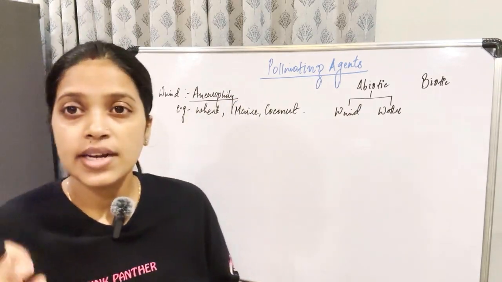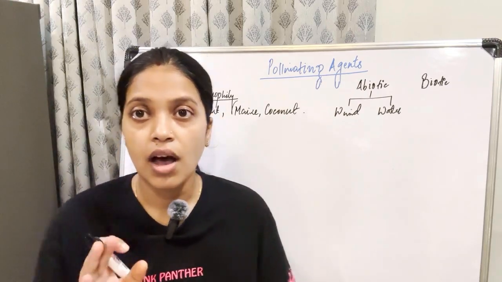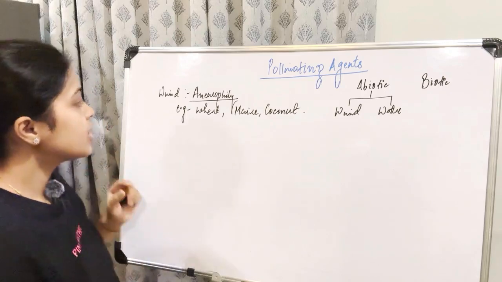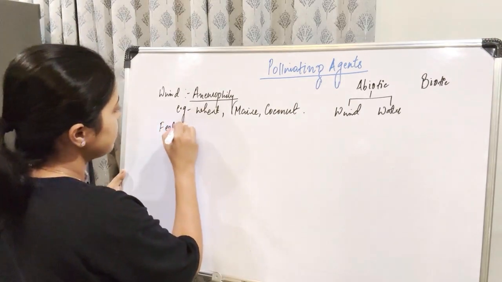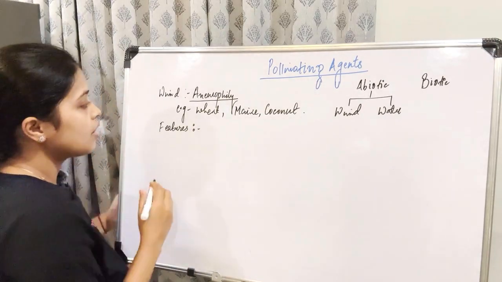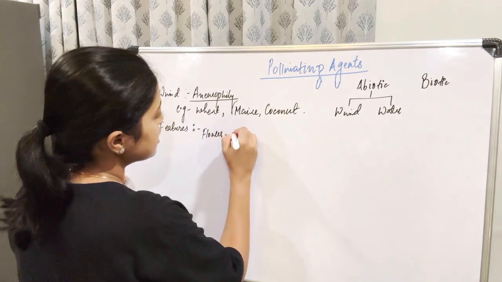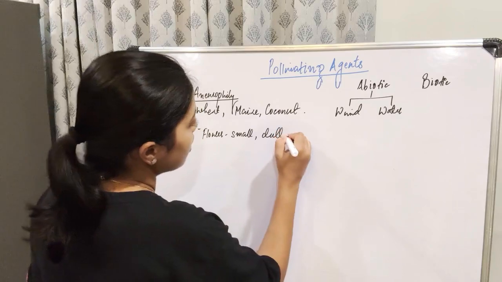So now it is important to know what are the characteristics of the flower where the pollination is occurring through wind. So the characteristic features. Here the flower is generally small, it is dull.